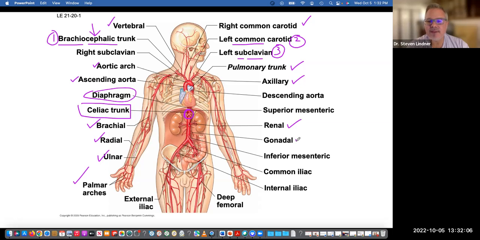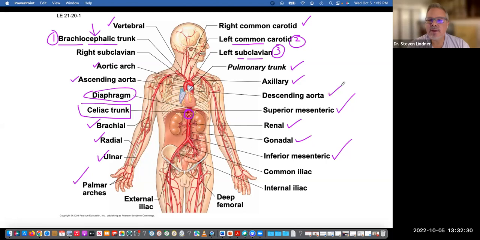Going to the gonads, whether it's the testes or the ovaries, it's the gonadals. And then going to part of the small intestine and part of the colon is the superior mesenteric. And then also going to the second half of the colon is the inferior mesenteric.